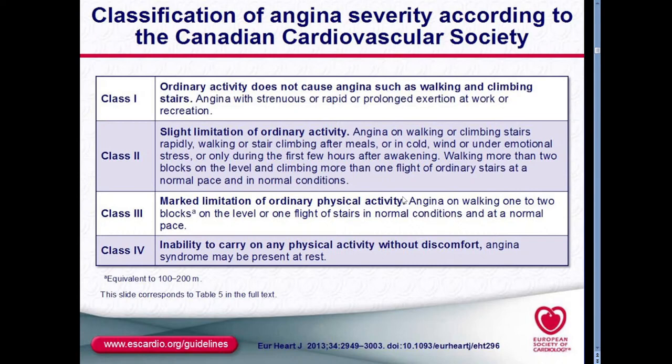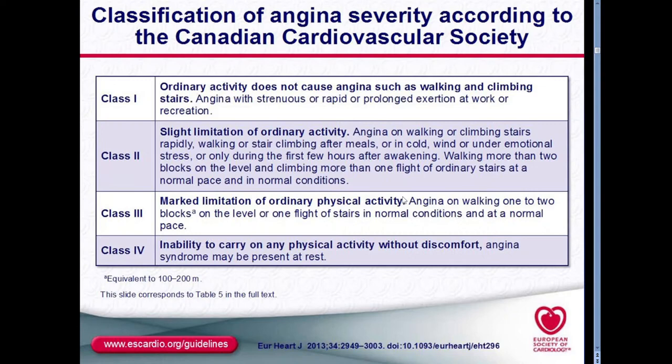The next point, class 2. We can define it as slight limitation of ordinary activity, with angina on walking or climbing stairs rapidly, walking or stair climbing after meals, or in cold, wind, or under emotional stress, and only during the first few hours after awakening, walking more than 2 blocks on the level and climbing more than 1 flight of ordinary stairs at normal pace and in normal conditions.